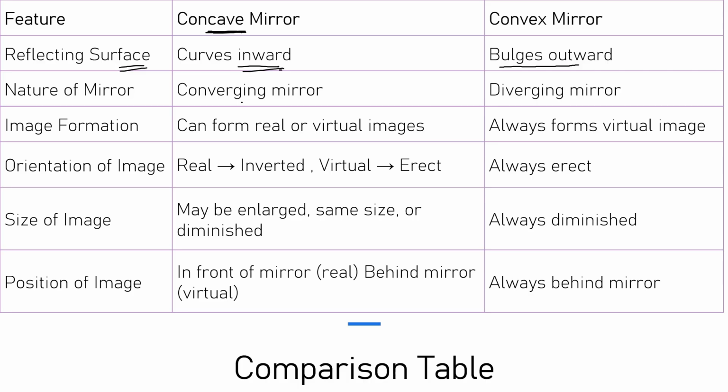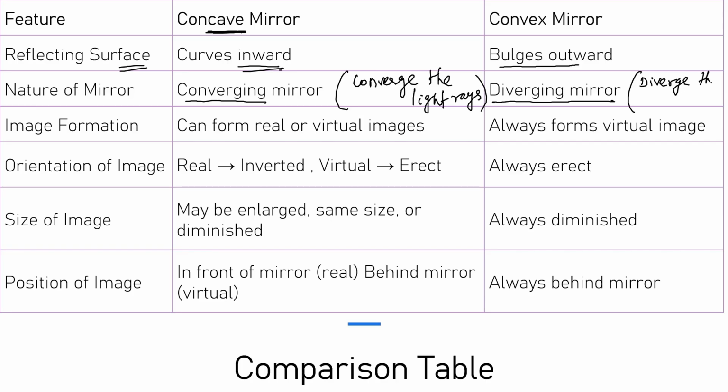Now, what is the nature of the mirror? Concave mirror is a converging mirror. It means that it will always converge the light rays. And what about convex? It is a diverging mirror, which means that it will diverge the light rays.